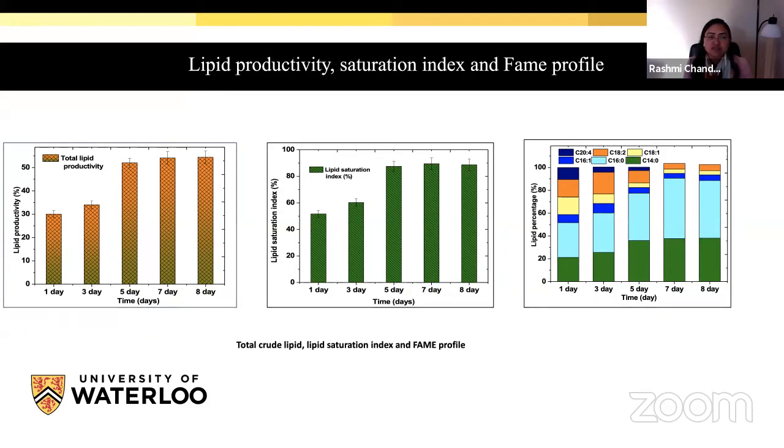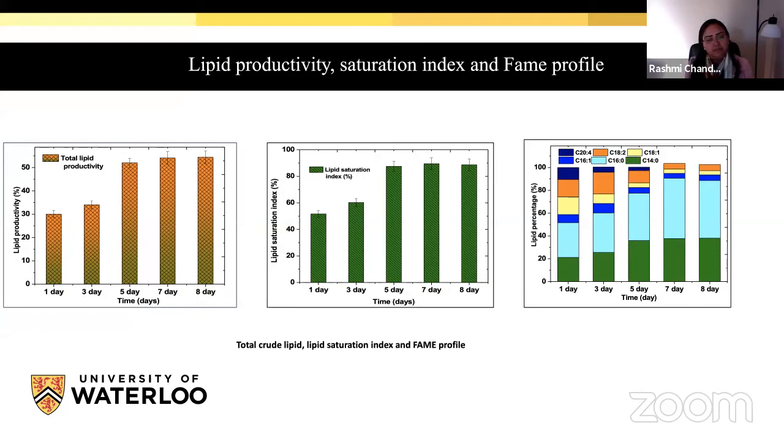So it was a very positive sign, because when we work with the mixed culture, the lipid saturation index dropped very low, sometimes from 50% to 20%.